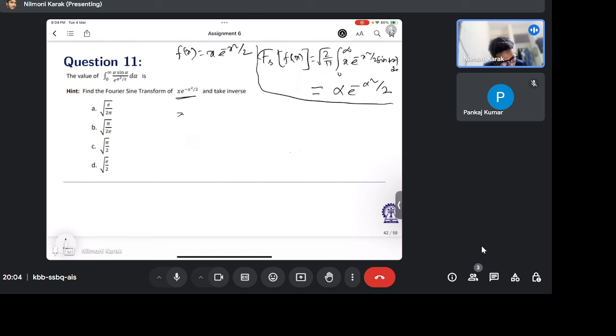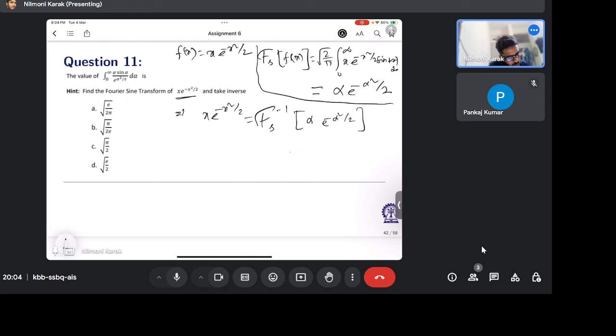So the Fourier sine transform of f(x) is this. So f(x), which is x e to the power minus x square by 2, is the Fourier sine inverse of alpha e to the power minus alpha square by 2.